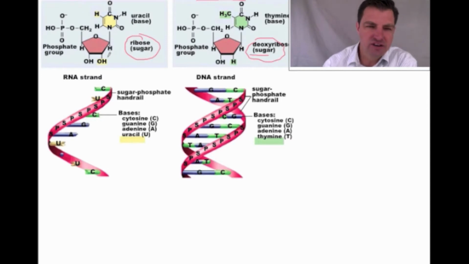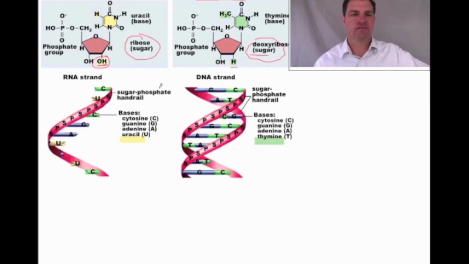And there's the difference right there. You notice this one has a hydroxyl group, the OH, and this one has a hydrogen there. So that's one difference. The other difference is in DNA, most of the time, there are exceptions with viruses and things like that. We'll ignore those now, but just in case you ever come across them, if you take micro, for example, you might see this.